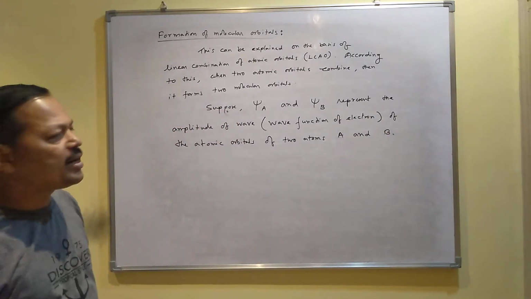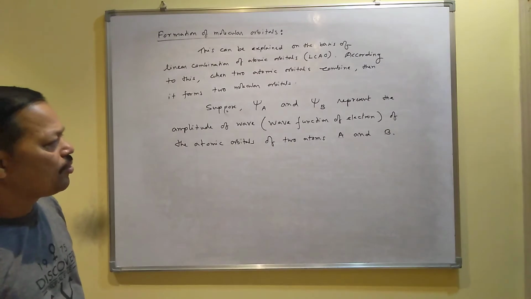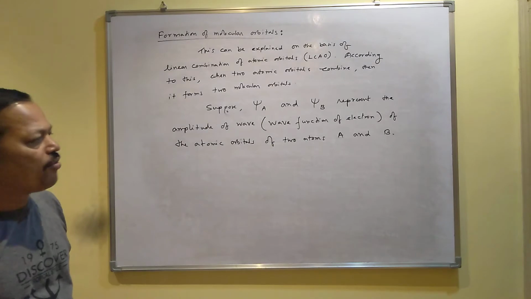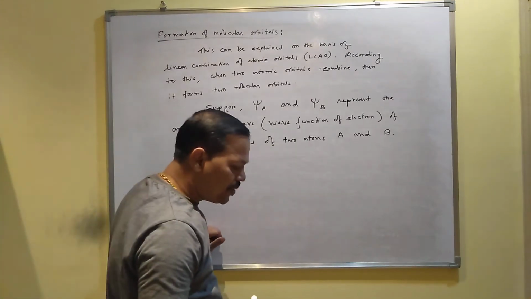So psi A represents the amplitude of the wave for atom A, and psi B represents the amplitude of the wave for atom B.